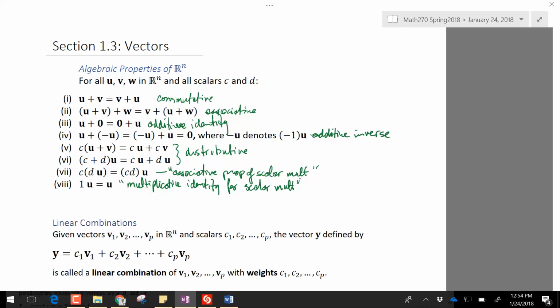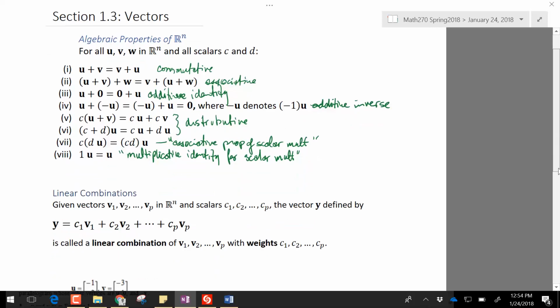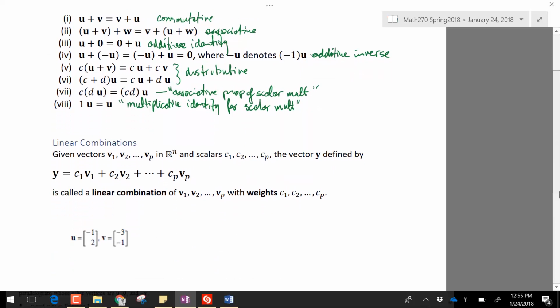Continuing on with this idea about addition and scalar multiplication, we can combine a whole bunch of vectors and scalars and scale each vector and then add them all together. So when we do that, we have what's called a linear combination, and this phrase is going to be very, very important for us.